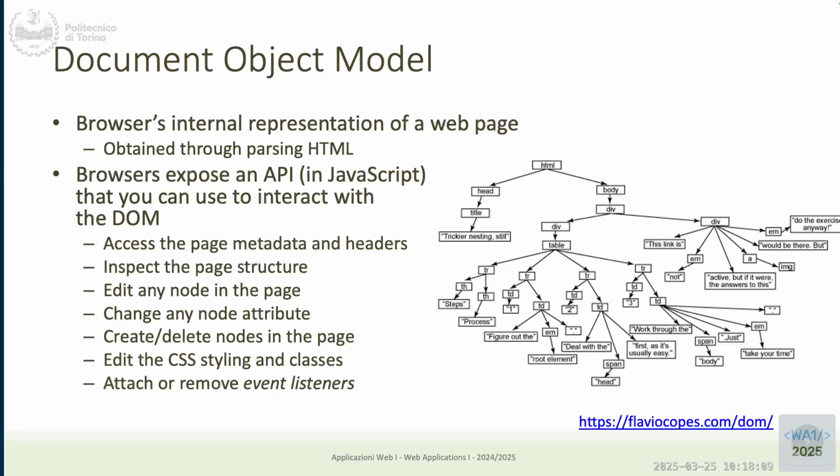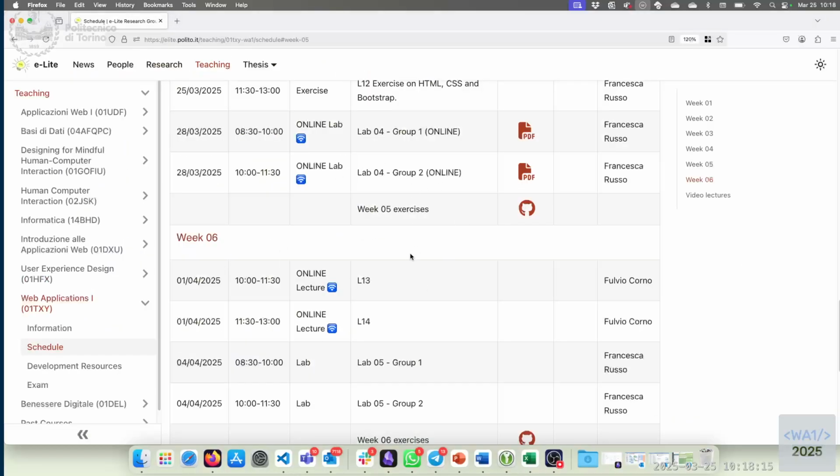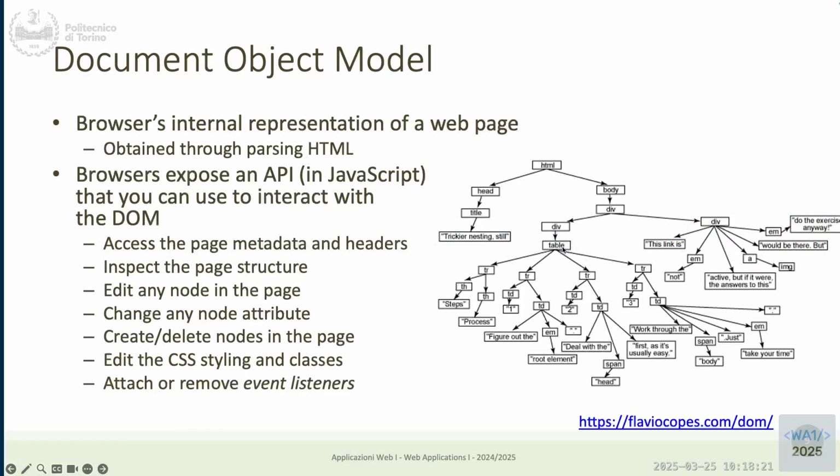You can create those, you can manipulate those, and the browser will keep in sync at any time the content of the page and the content of the DOM. So if in JavaScript I want to modify, delete a row from a table, for example, this is a table, so the table tag contains inside some table rows that contain some table data and so on.